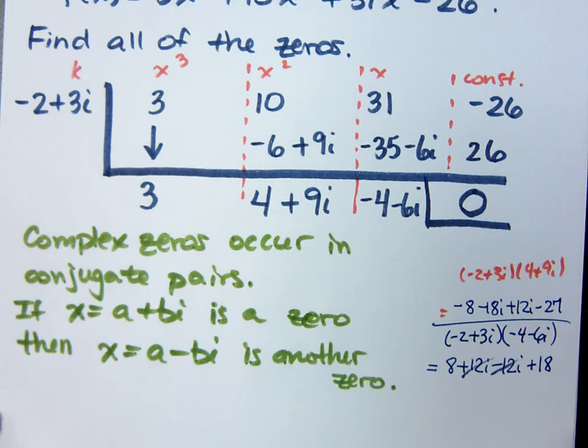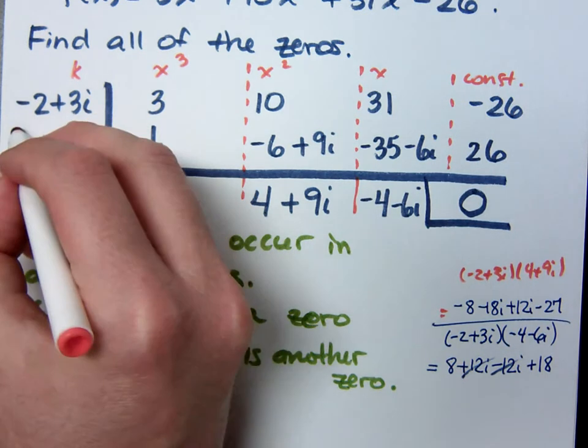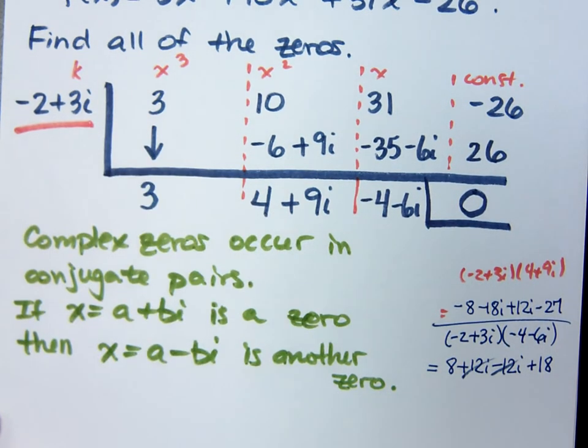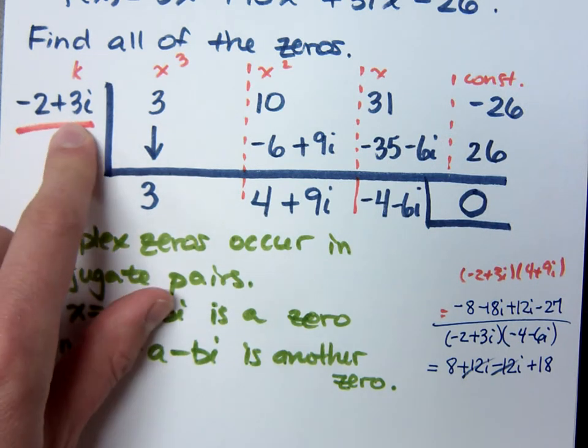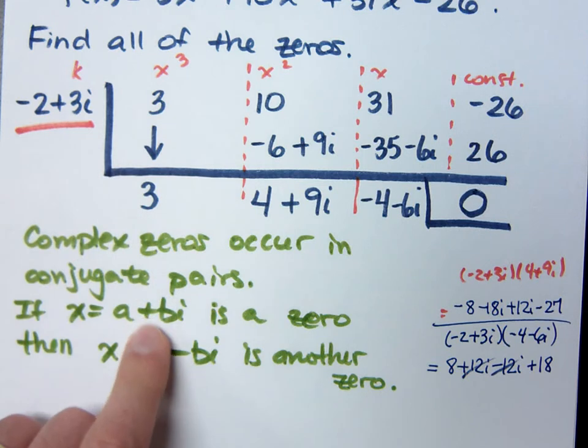So we're saying here that negative 2 plus 3i is a 0. So what is its complex conjugate? Negative 2. Complex conjugates, the real part stays the same. It's the imaginary part that has a different sign. See, look, a plus bi, a minus bi. It's still the same real part, right?